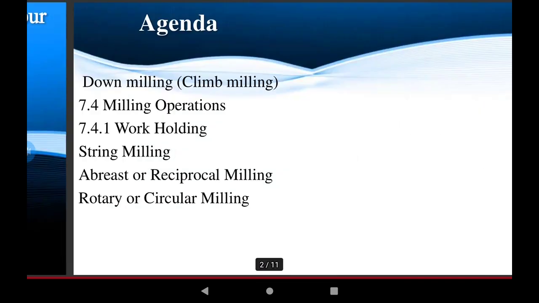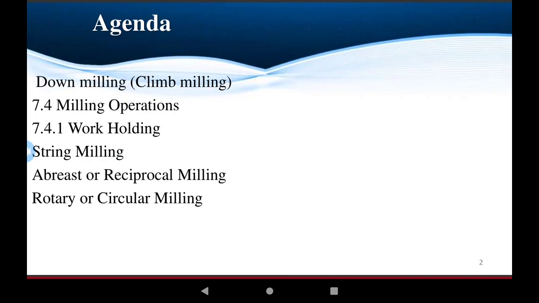Some of the most important down milling machines and milling operations are covered, along with work holding and the devices used for holding the jobs and the tools. These are some of the elements used in milling operations, including reciprocal milling and rotary or circular milling.